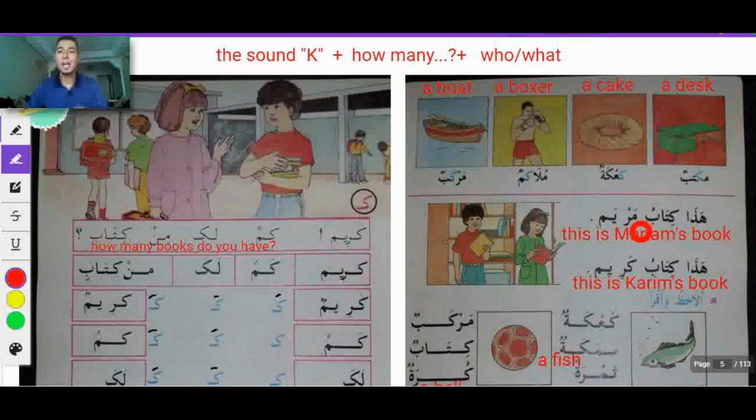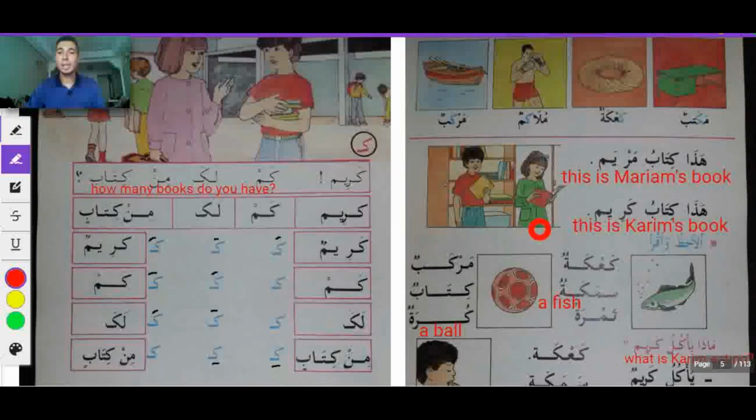This is Maryam's book. And for this one here, what should we say? We will say هذا كتاب كريم. So هذا كتاب مريم and هذا كتاب كريم.